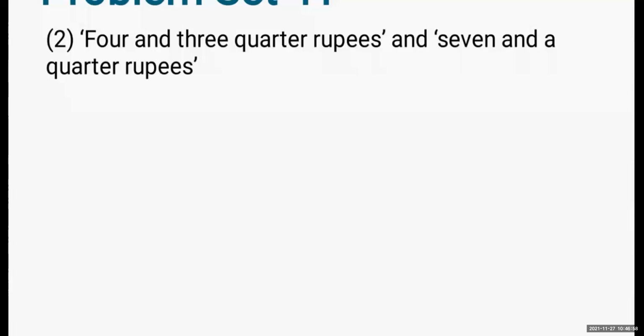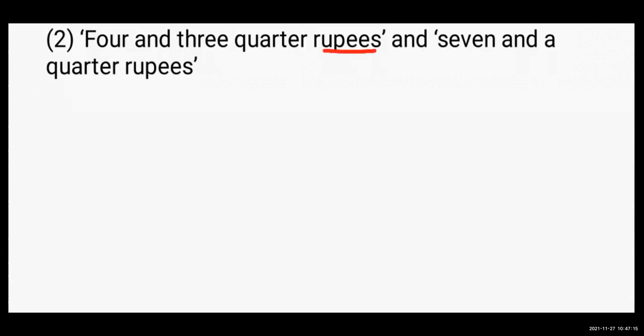Now see students, the second question is 4.75 rupees and 7.25 rupees. First we have to see this one. This first one you have to look at first. It is 4.75 rupees.